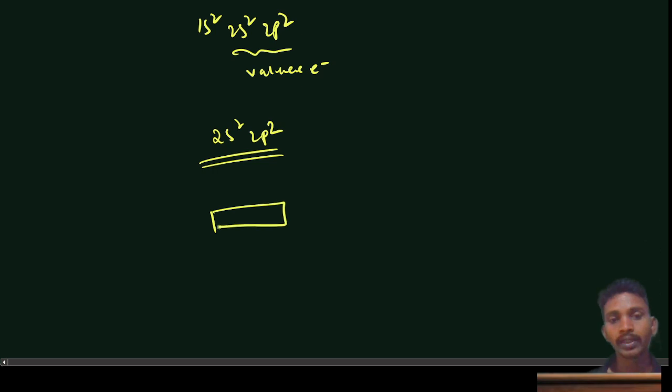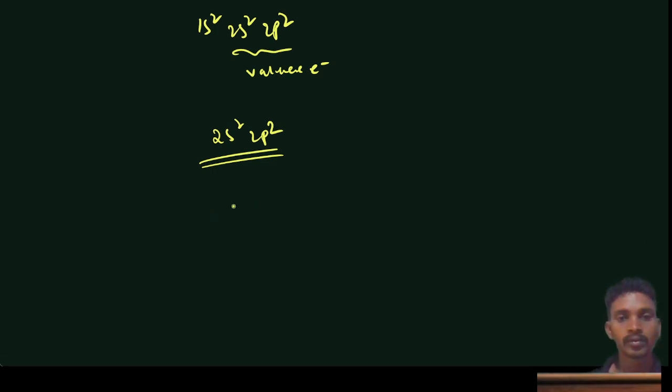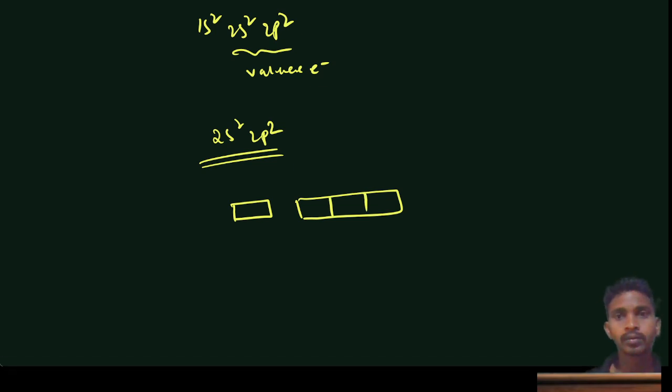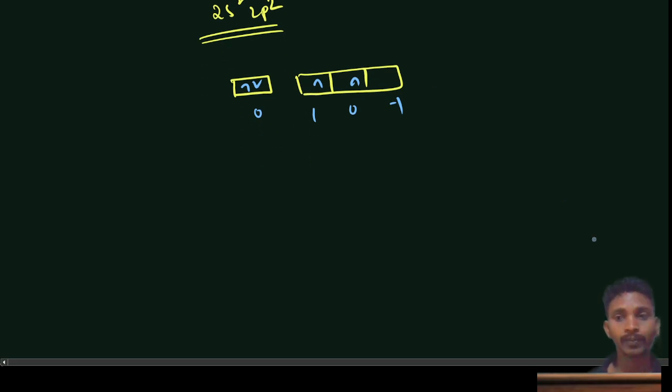We will write it like this: 1 and 2, with m values 0, 1, 0, minus 1. Now we want to calculate the ground state for carbon. How will we calculate it?